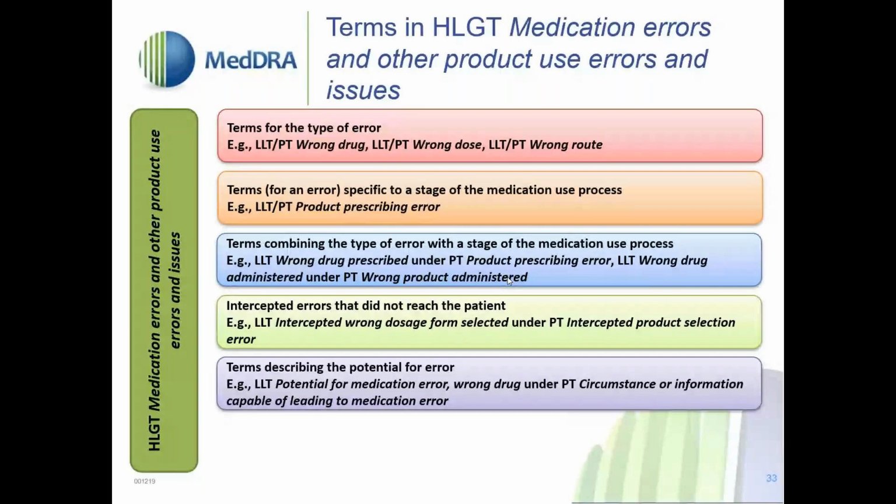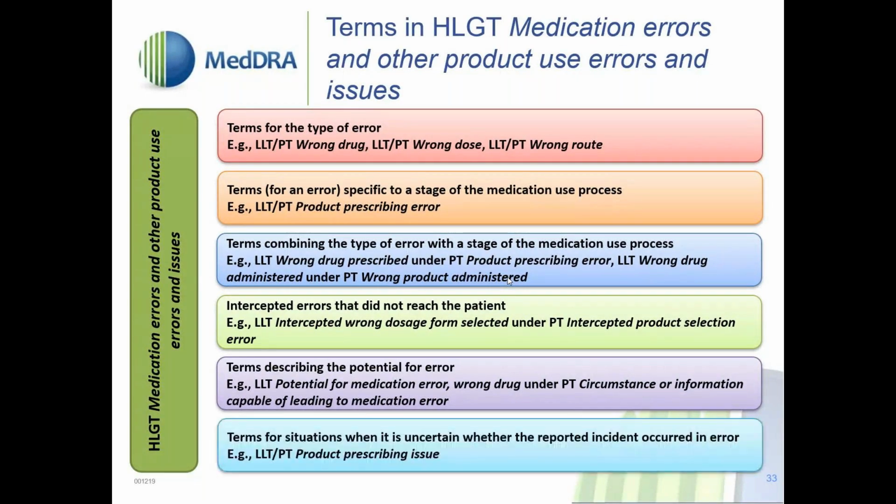And there are also more vague terms, we talked about them already, which can be used when it is unclear whether the reported incident was due to an error or happened intentionally. You can see that the LLTs linked to medication error PTs are often more than just synonymous terms. They often contain more specific information.